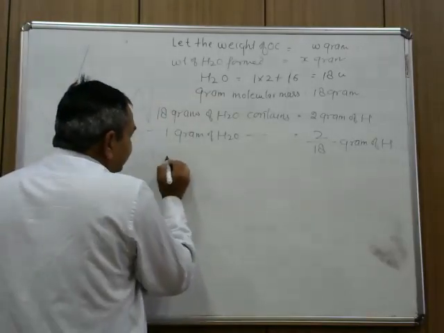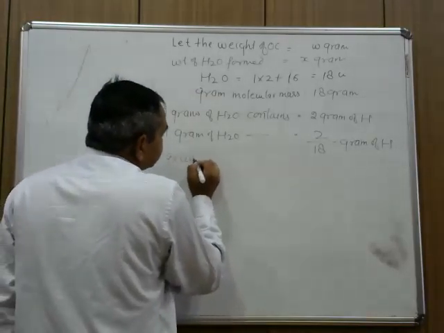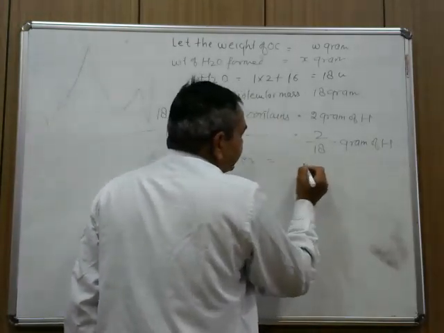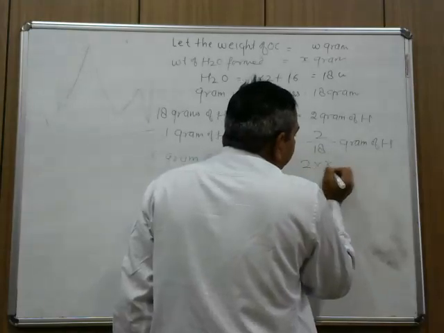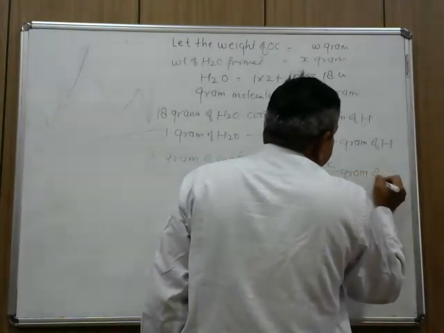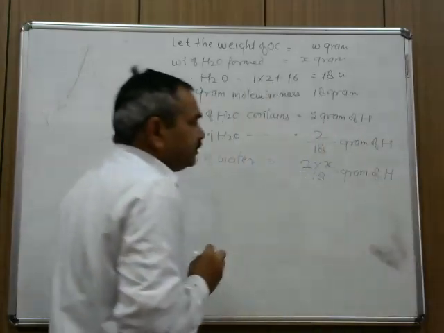So X gram of water will contain 2 into X upon 18 grams of hydrogen.